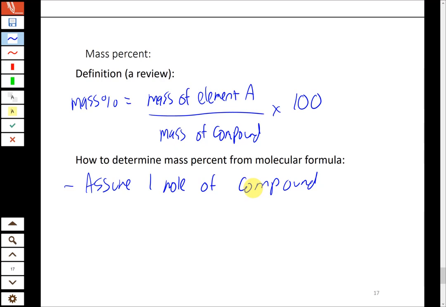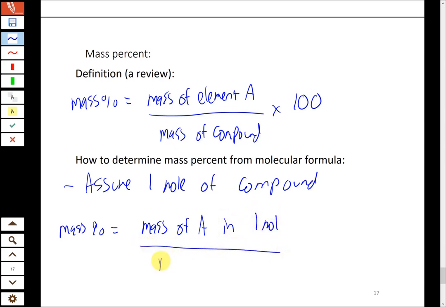Then the mass percent can be calculated as the mass of the element A in 1 mole of the compound divided by the molar mass of the compound, which is the mass of the compound that corresponds to 1 mole. This would be the mass ratio, but more commonly it's percent, which is times 100.